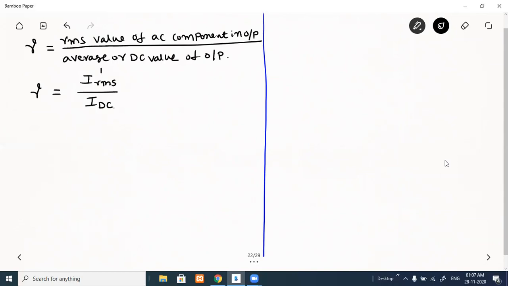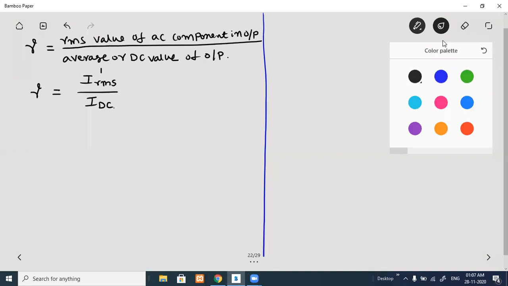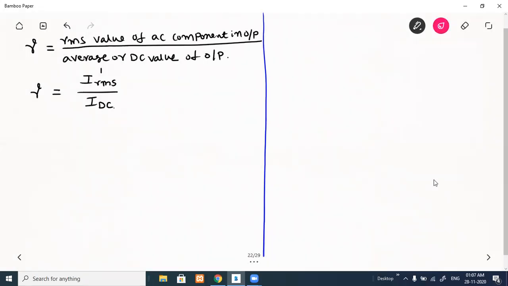So in general, the total current of the output is given as total current component equal to DC component current plus AC component current. I already told the output of the rectifier consists of both DC and AC components.